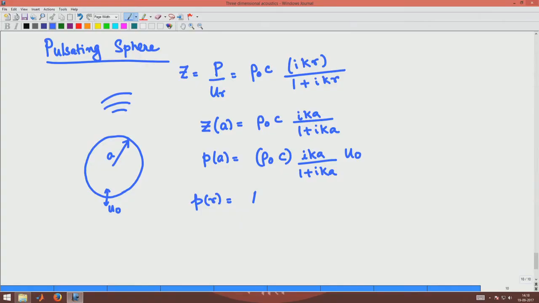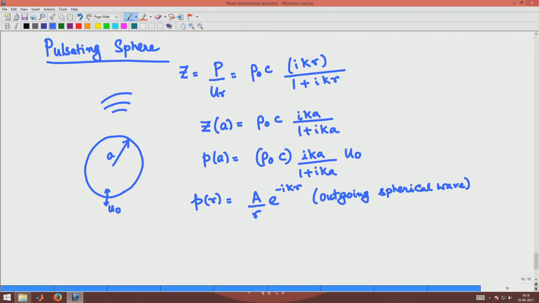Remember, there is no boundary in this problem at present, which means the form of the solution we expect is A by r into e to the power minus i k r. However, in this form, as we saw the other day, A is an undetermined constant, and this constant has to be determined from the appropriate boundary condition.